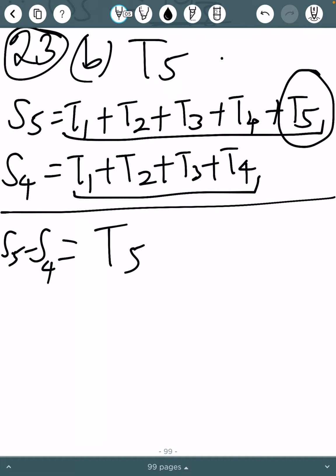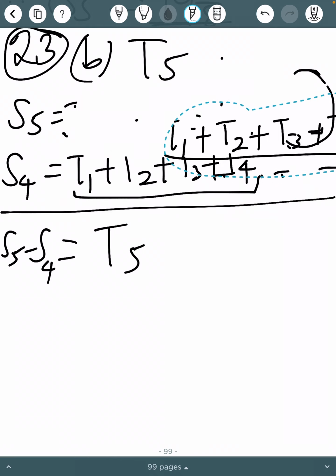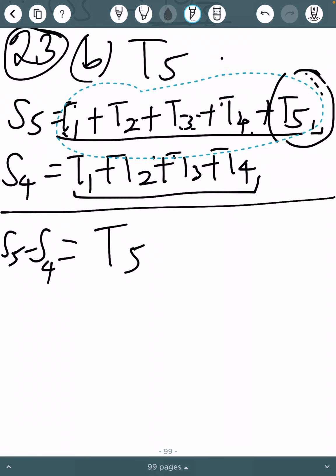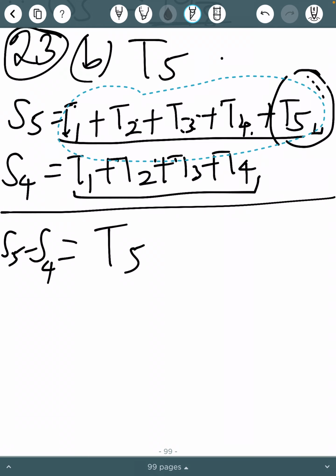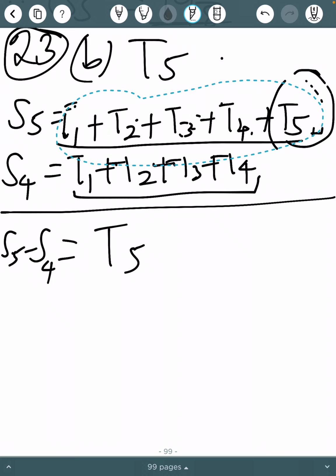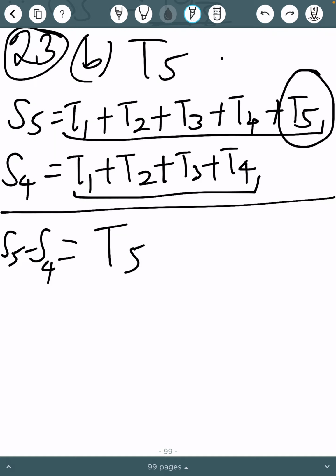Because if we subtract the second line from the first line, we get T5.